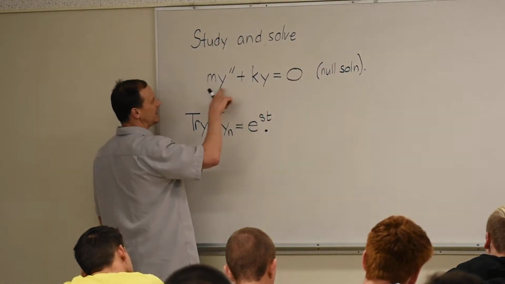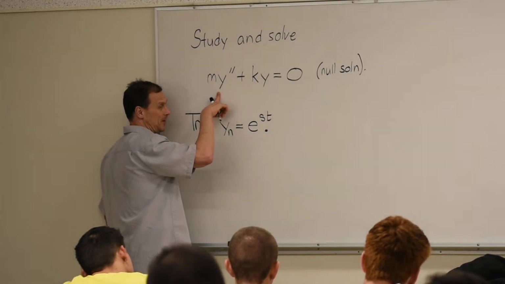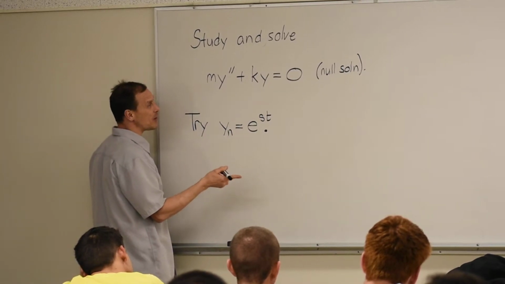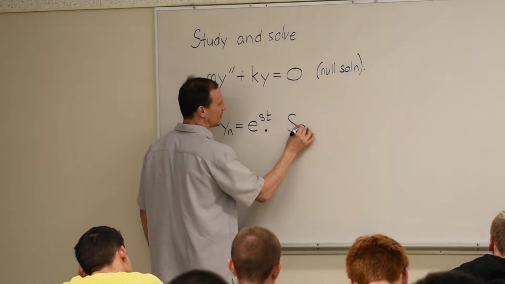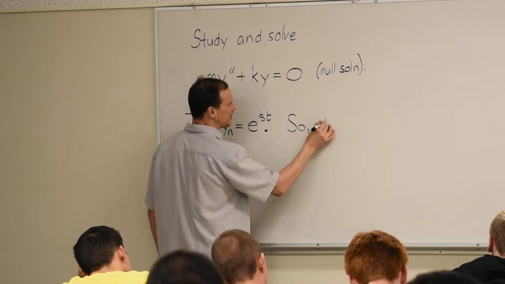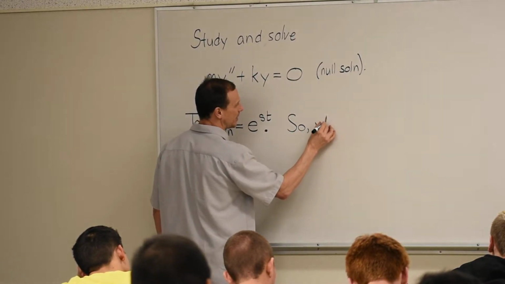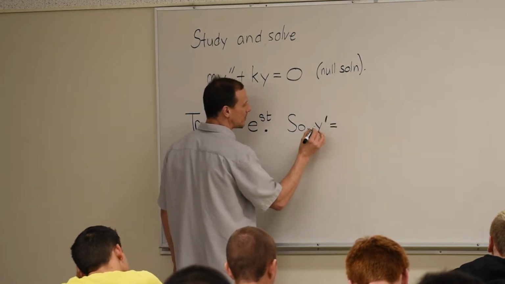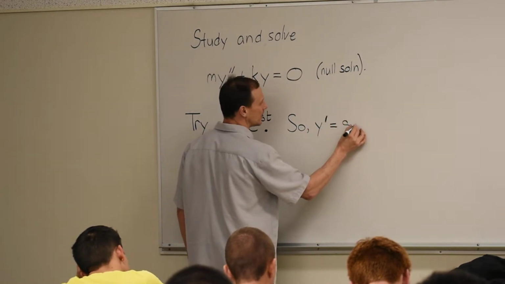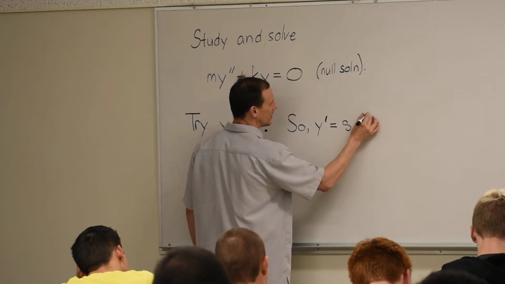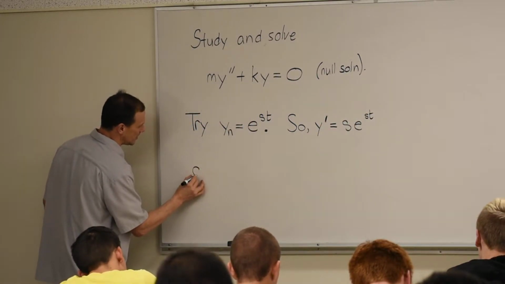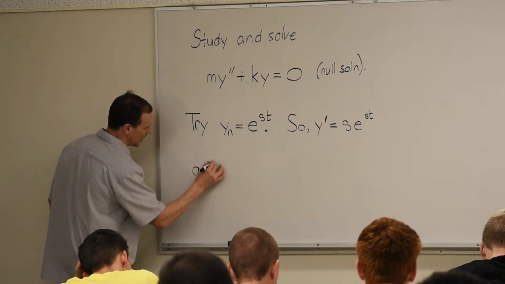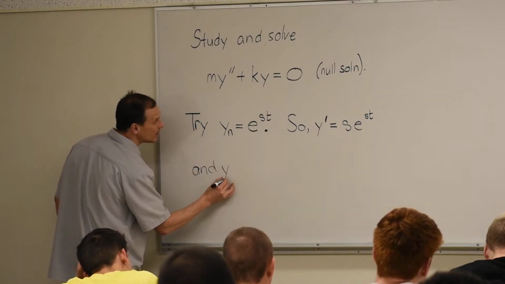I've got a y. I need a y double prime. But to get there, I'm going to have to go through y prime. So let's do that. So what else do we get? Y prime, that's a single one, is going to be s e to the st. And y double prime.